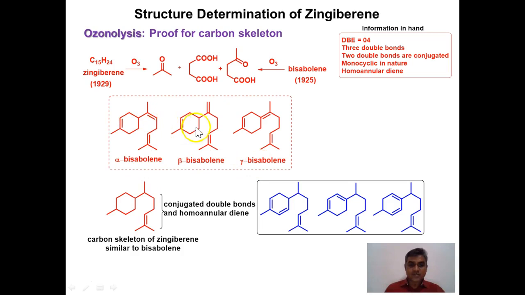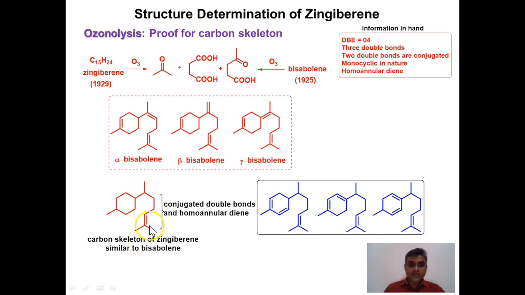Alpha bisabolene, beta bisabolene and gamma bisabolene, and the common skeleton of these three can be written in this way. Now since the ozonolysis products of gingiberine are very much similar to the ozonolysis products of bisabolene, we can assume that gingiberine has the skeleton of bisabolene, and therefore one can write a tentative skeleton in this way.